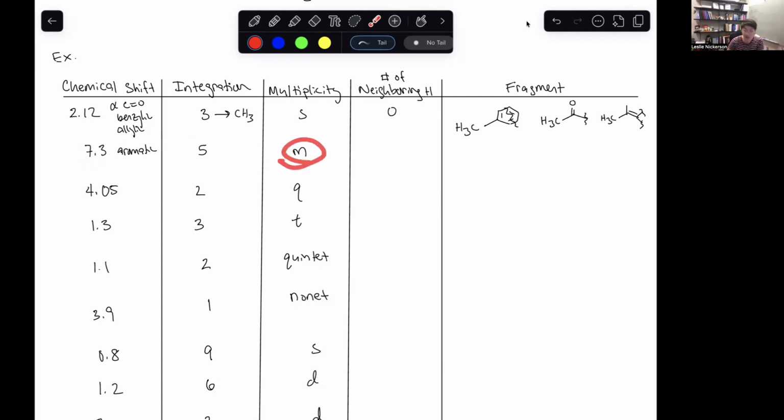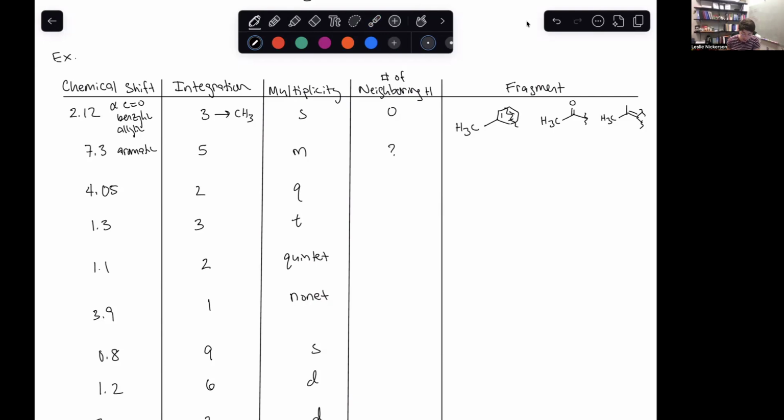You will frequently see aromatic peaks that are going to be overlapping each other. So integration of 5 and then a multiplet is definitely saying, yeah, I've got different environments in this benzene ring, but they're all overlapping on each other and forming a mess. So the number of neighbors, who knows? It's unclear, right? That's what a multiplet gives us.